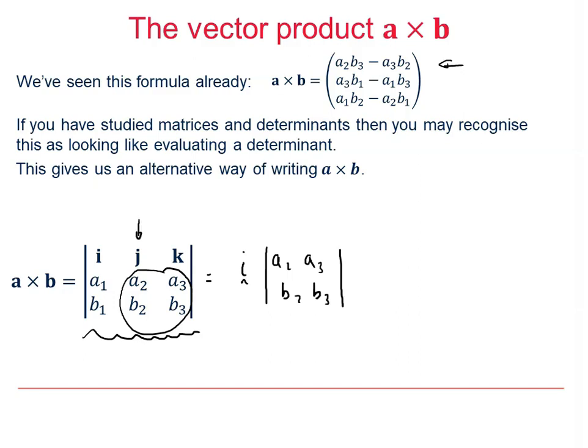The second component will be minus J and then multiplied by the determinant of columns 1 and 3. So here A1, A3, B1, B3. And finally we'll have plus K and then the determinant of the first two columns, A1, A2, B1, B2.